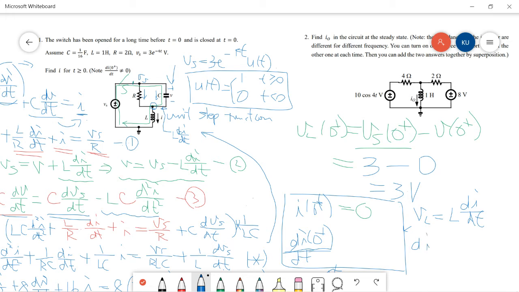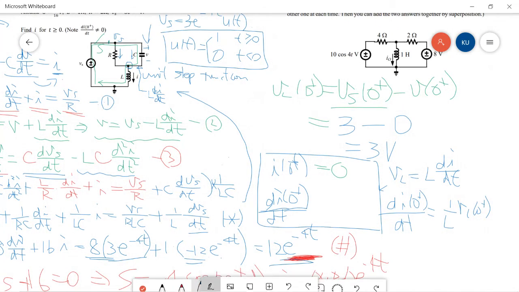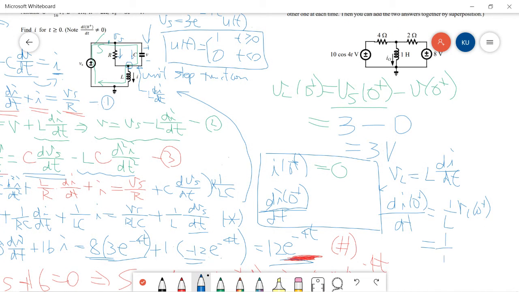So di 0 plus dt should be equal to 1 over L VL 0 plus. And L is actually 1 Henry. So 1, and then VL 0 plus is 3 volt.